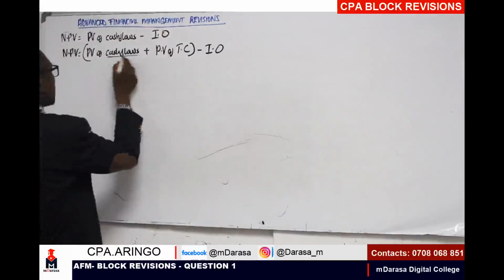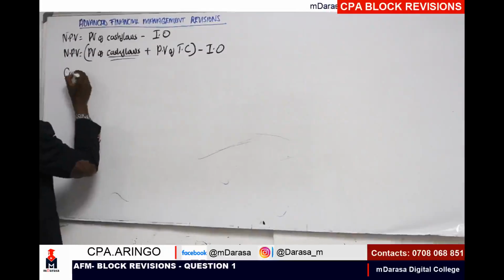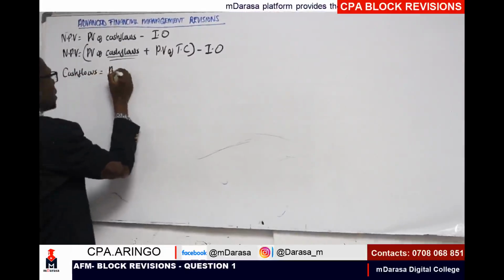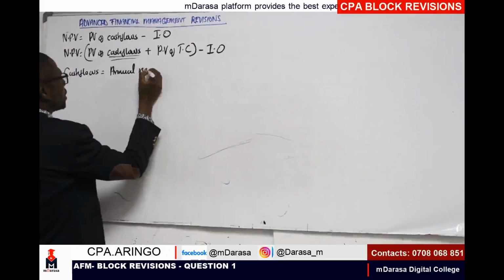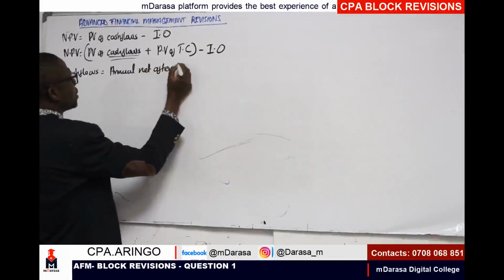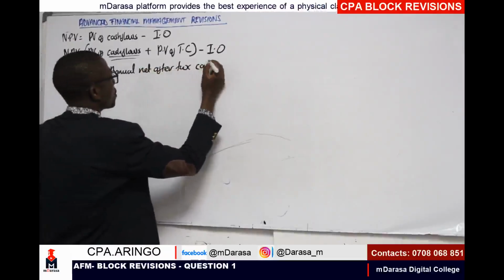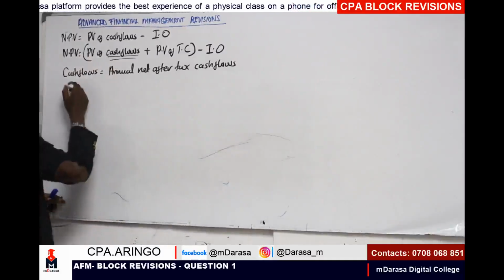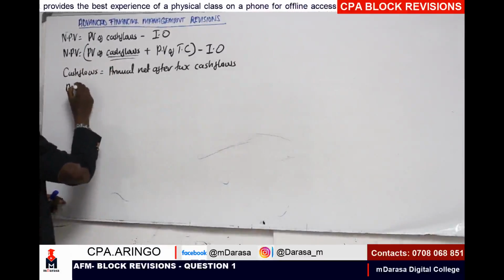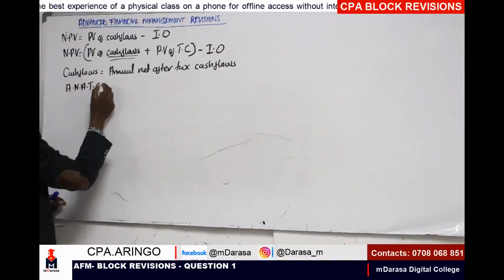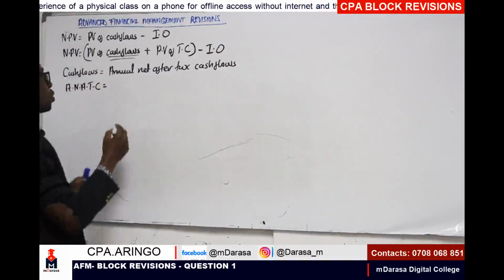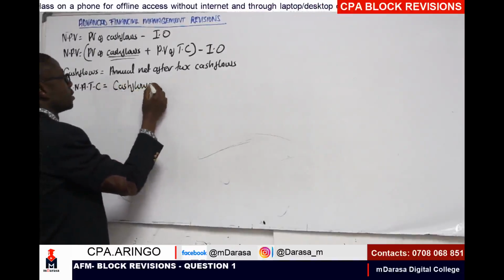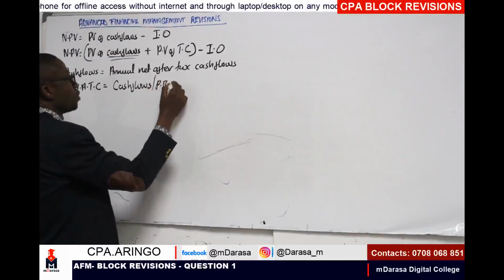The cash flows that we are talking about here, these are annual net after tax cash flows. And how will you determine the annual net after tax cash flows? We normally tend to talk of our cash flows here, or profit before tax.